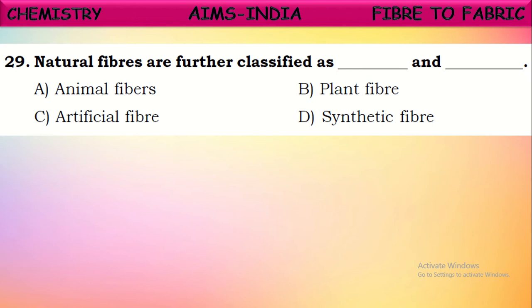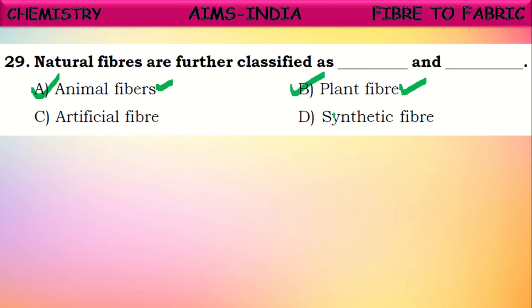The fibers which are obtained from animal sources are called animal fibers, and the fibers which are obtained from plant sources are called plant fibers. So in this way, natural fibers are further classified into animal fibers and plant fibers.